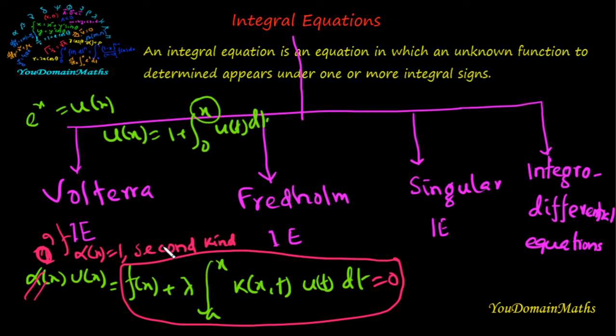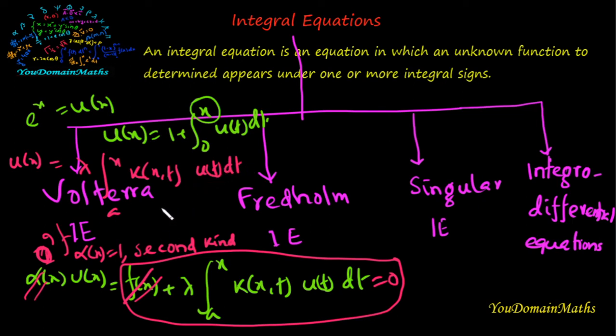And if f(x) equals 0 and alpha(x) equals 1, then this equation can be written as u(x) = lambda times the integral from a to x of K(x,t) u(t) dt.